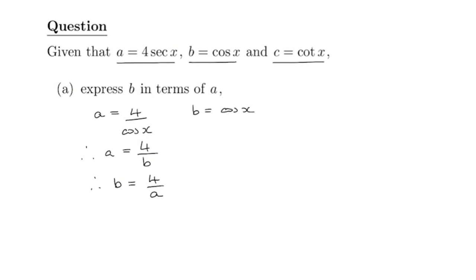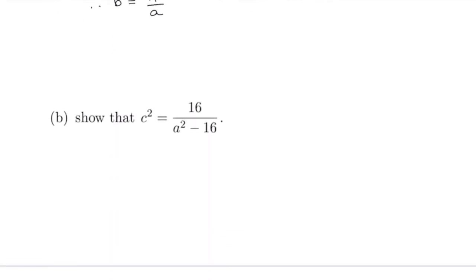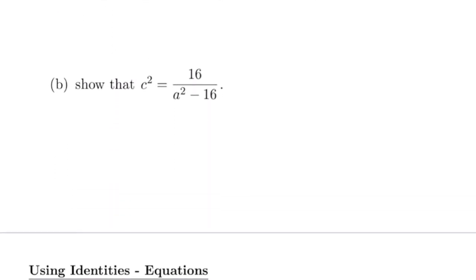Now if you look at b, it then says show that c squared equals 16 over a squared minus 16. So we know that c equals cot x, therefore c squared must be cot squared x.